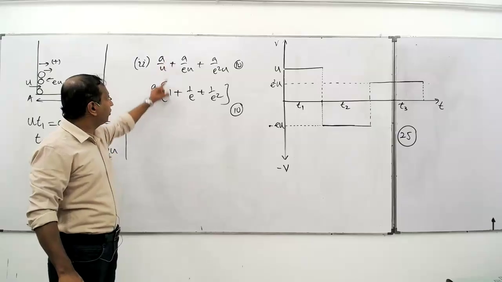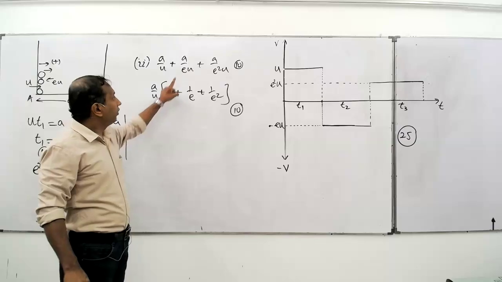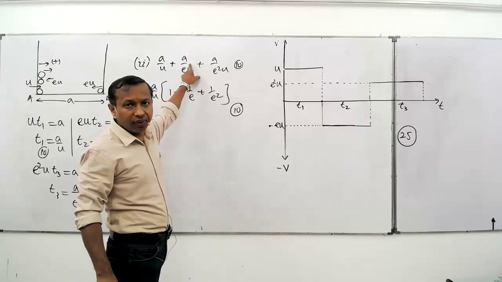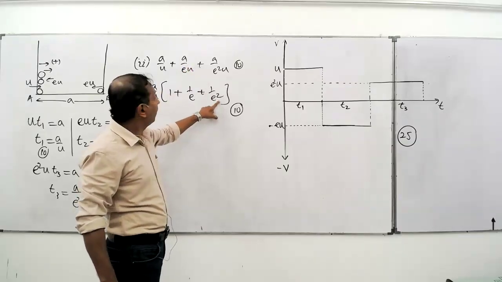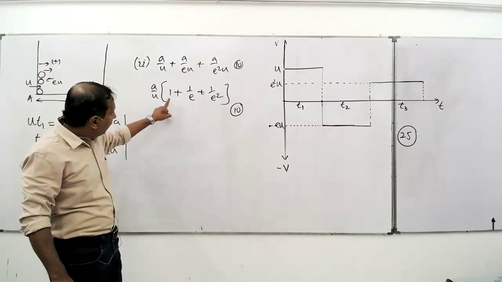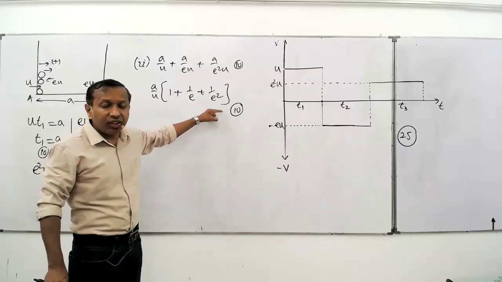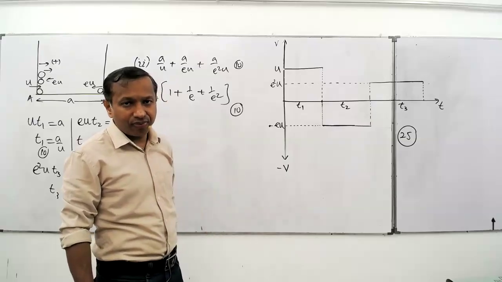Coming for the first collision, taking A over U out, 1 comes. This time for the second collision. This time for the third collision. A upon U we took out. Then you can see the number of terms inside the bracket is equal to the number of collisions.